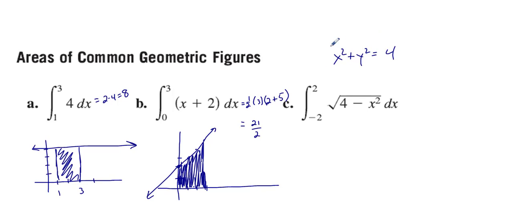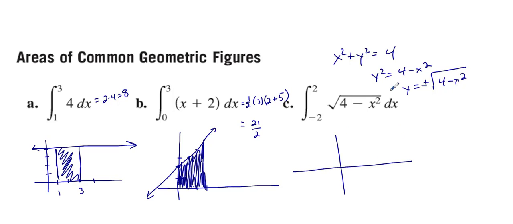What is this? That's a circle. Now let's solve for y. y squared equals 4 minus x squared. Take the plus or minus square root. But they only give us the positive one, right? So that would be a half circle in the upper section above the x-axis.